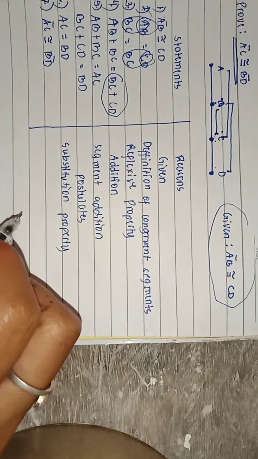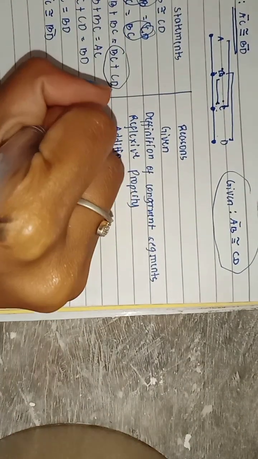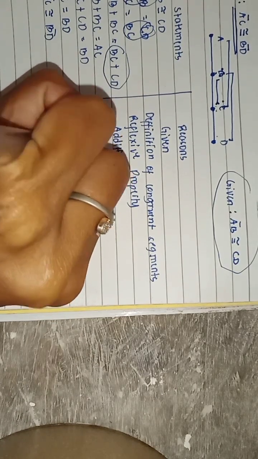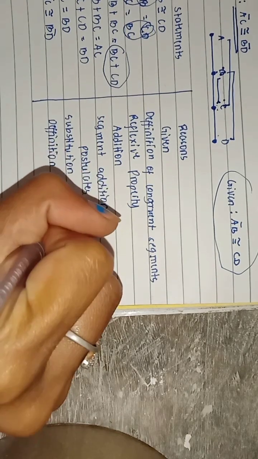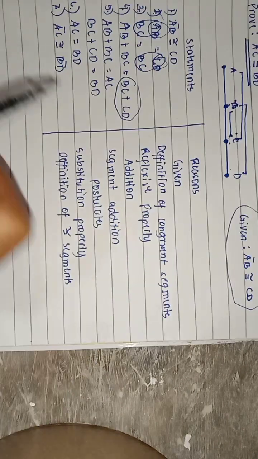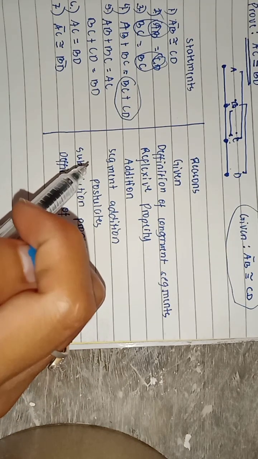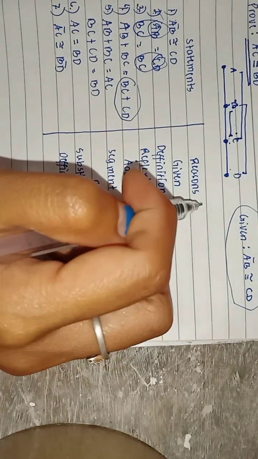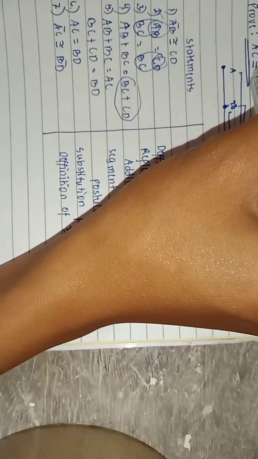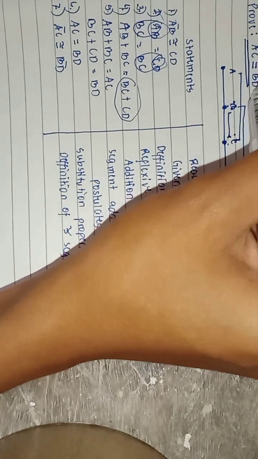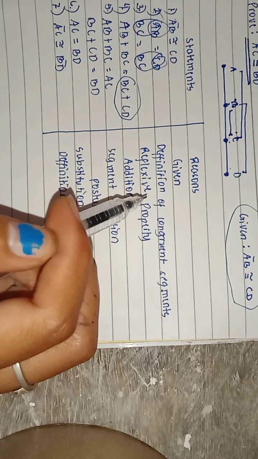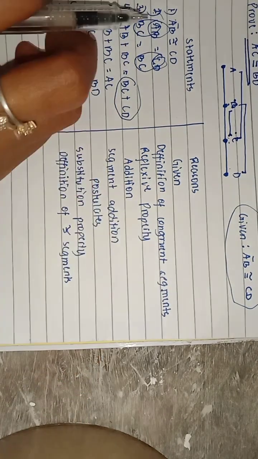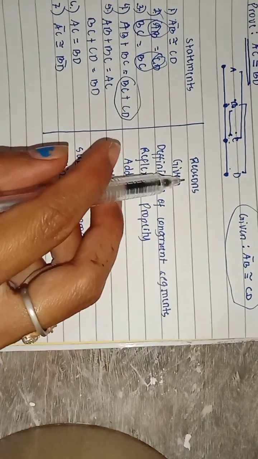This stands for the definition of congruent segments. So that's how we can prove these two segments, AC and BD, are congruent using our two column proofs, which is the statements and our reasons.